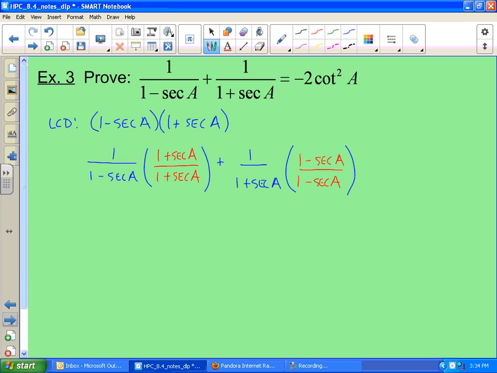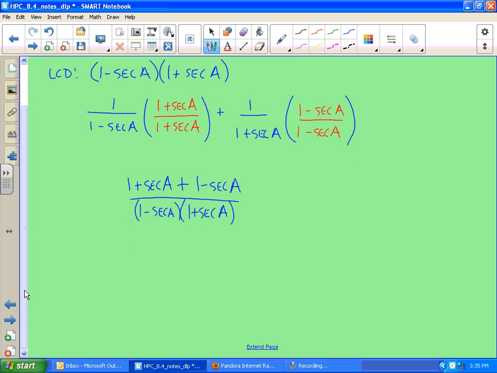All right, so what happens here is now we have a common denominator of a 1 minus secant a times a 1 plus a secant a. So on the denominator, we know we're going to have 1 minus secant a times a 1 plus a secant a. In the numerator, we have a 1 times a 1 plus secant a, which is a 1 plus a secant a, plus a 1 times a 1 minus a secant a, which is a 1 minus a secant a.